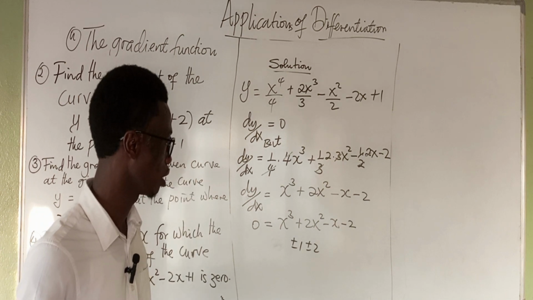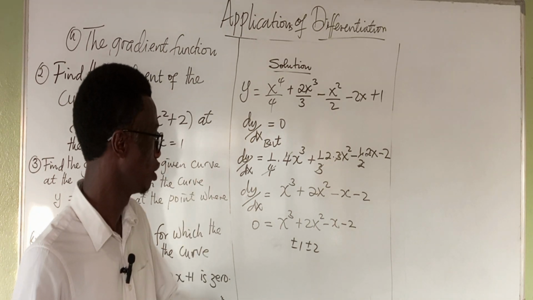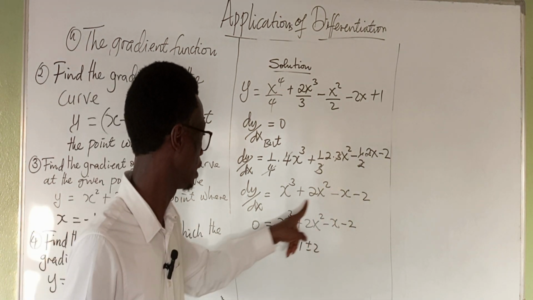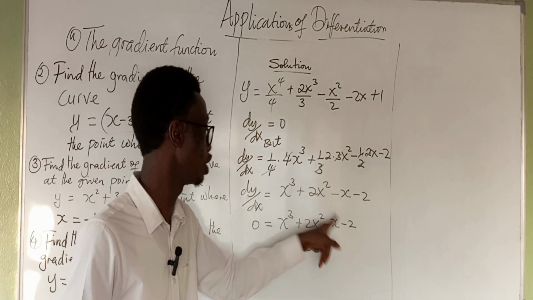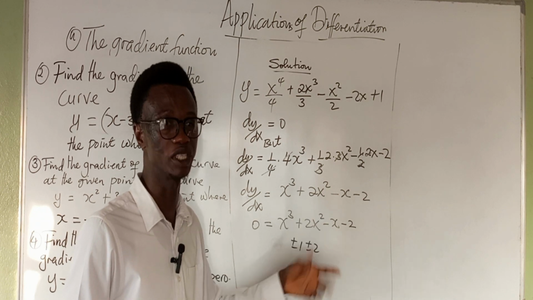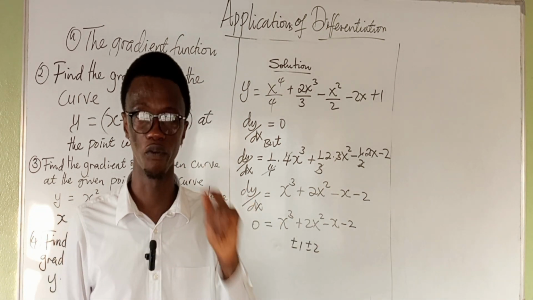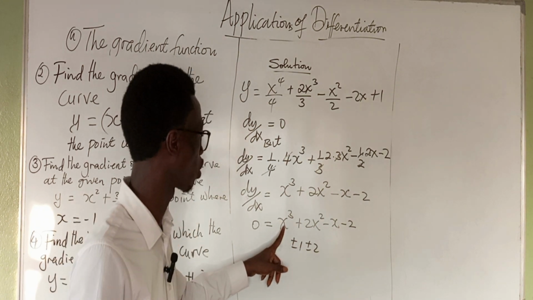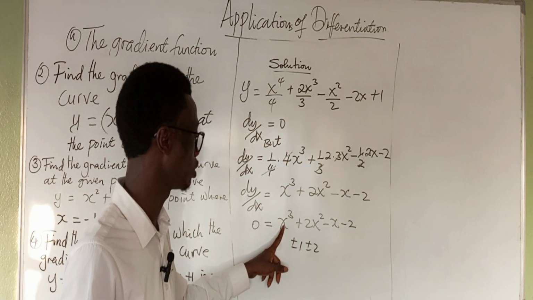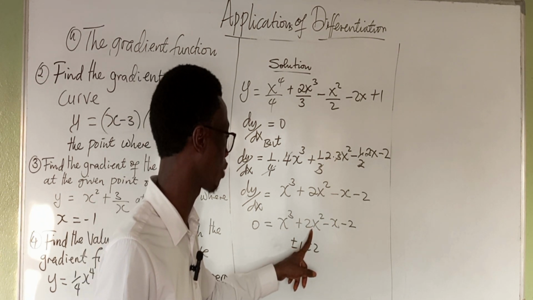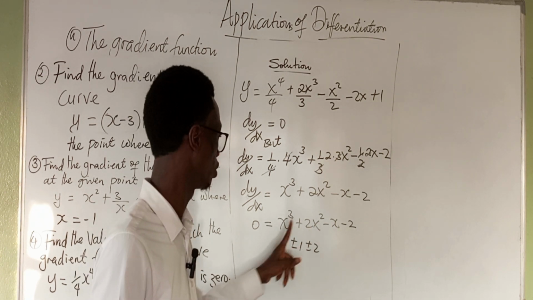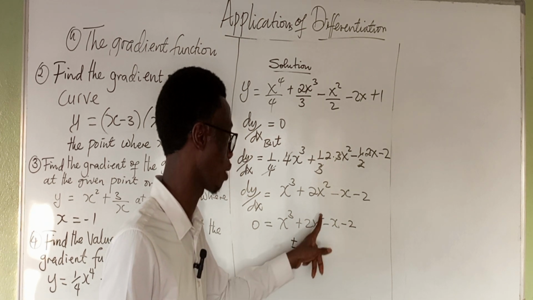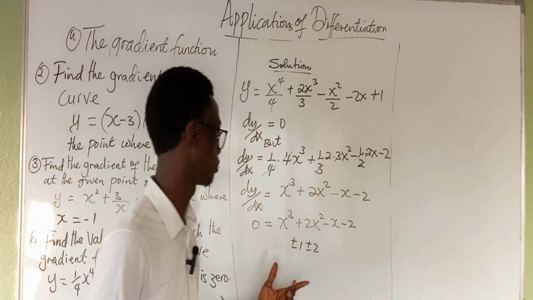So now, what do we do here? We are just going to test numbers. We start with plus 1 and just substitute it into this function. If it gives you 0, that's one of the factors. So if we put 1 here, this becomes 1 cubed, which is just 1, plus 2 times 1 squared, because 1 squared is just 1.